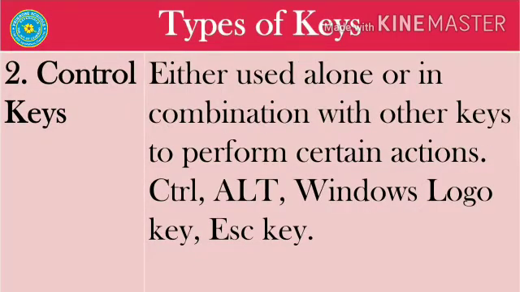Okay, the next one, control keys. It is either used alone or in combination with other keys to perform certain actions. It includes Control, Alt, Windows logo key and Escape key.